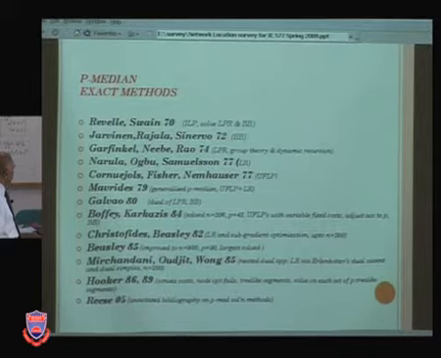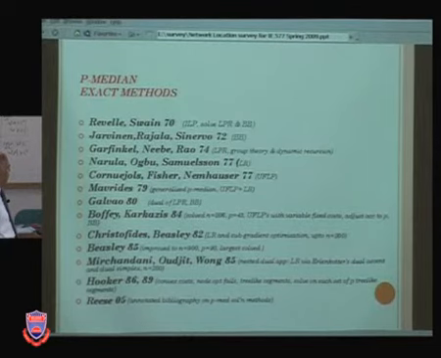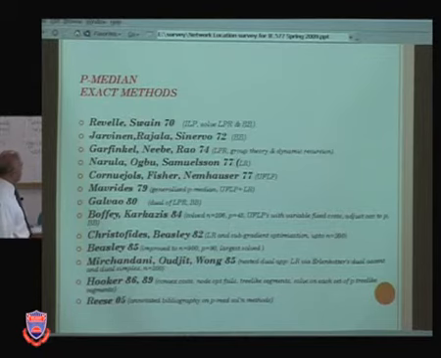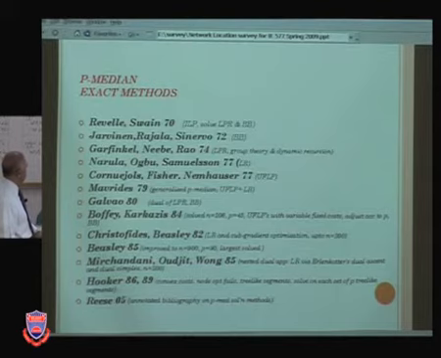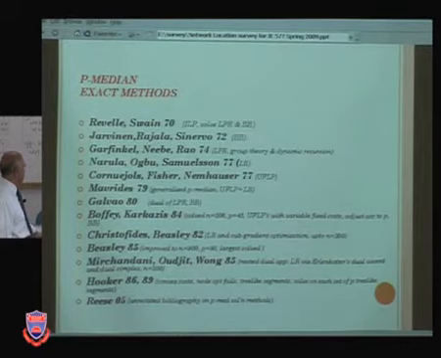Cornuejols, Fisher, and Nemhauser, that's a famous paper. They give several results on the uncapacitated facility location problem, and those results have later been used for solving p-median problems. Mavrides generalized the p-median problem and solved it using Lagrangian relaxation coupled with the methodology available for uncapacitated facility location problems. Galvao's paper is again quite well known.